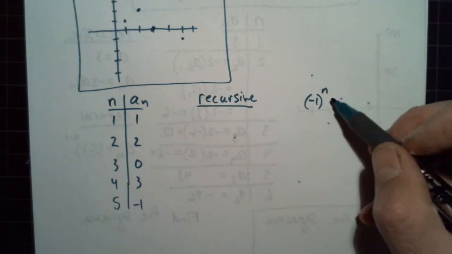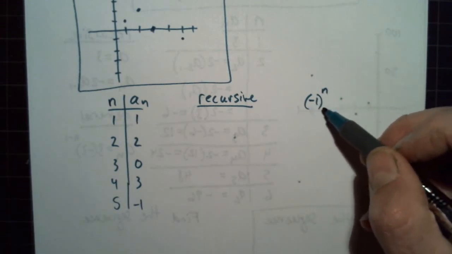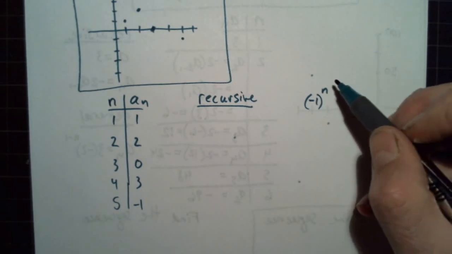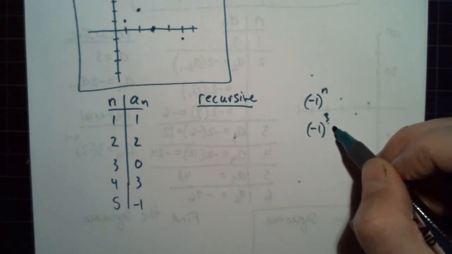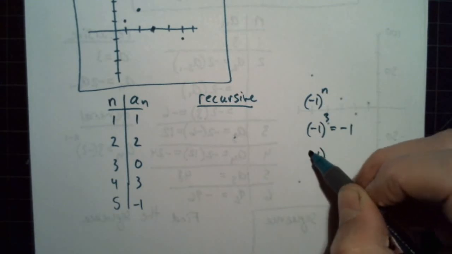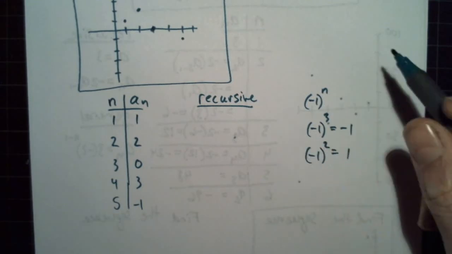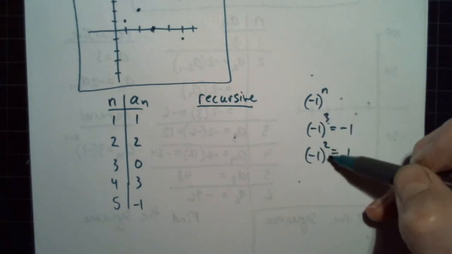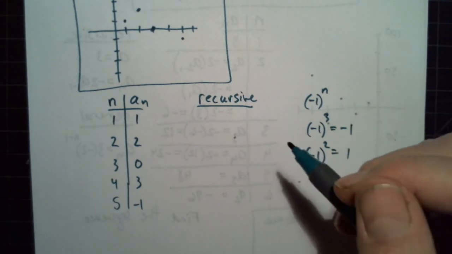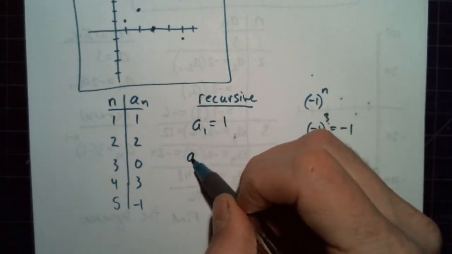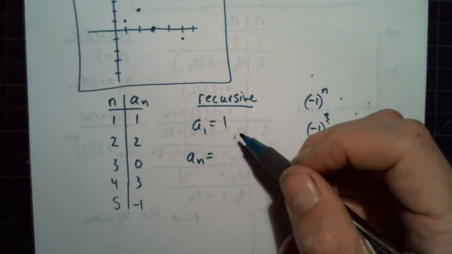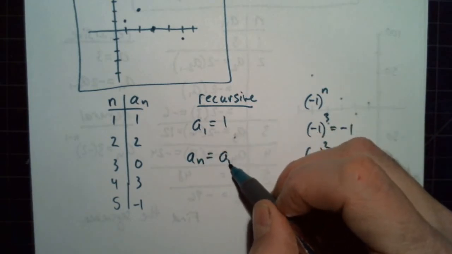And this will create alternating positive and negative numbers because negative 1 to an odd power is negative 1, but negative 1 to an even power is positive 1. So this creates alternating signs. So we know we have to do this.